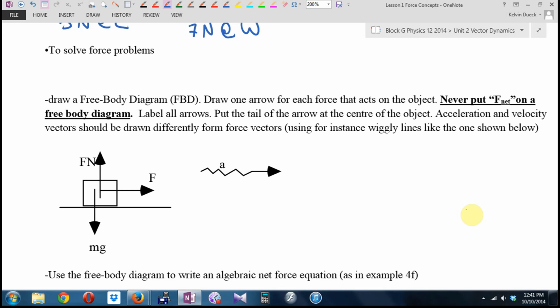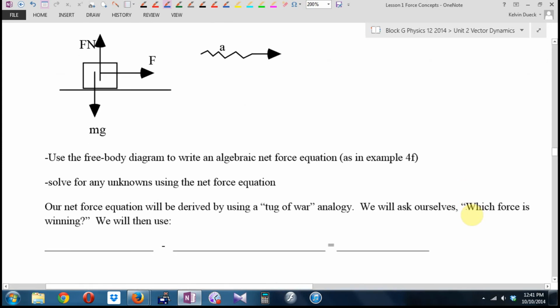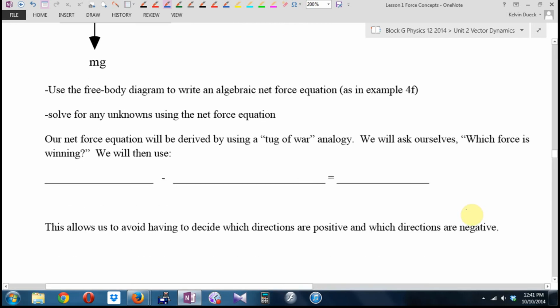You can use wiggly lines or whatever. I rarely put velocity or acceleration vectors on a free body diagram. Use the free body diagram to write an algebraic net force equation, and then solve for any unknowns.